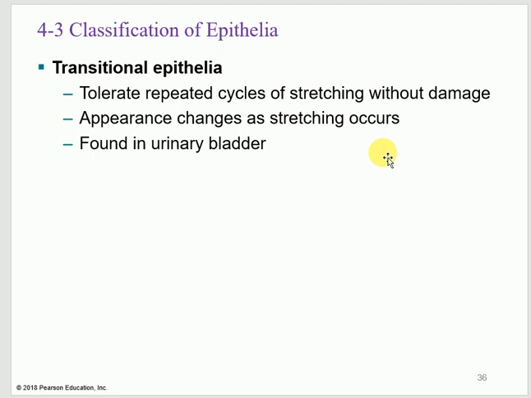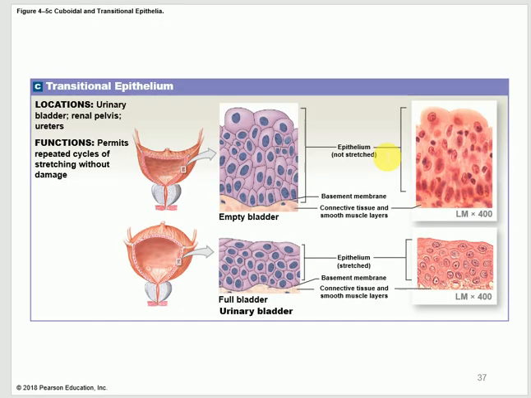Transition between different shapes. So transition from shape to shape. Example is the most important thing: urinary bladder. Transitional epithelium, urinary bladder is enough.